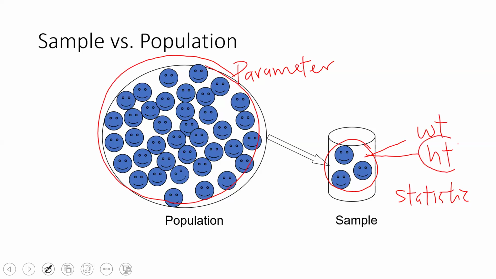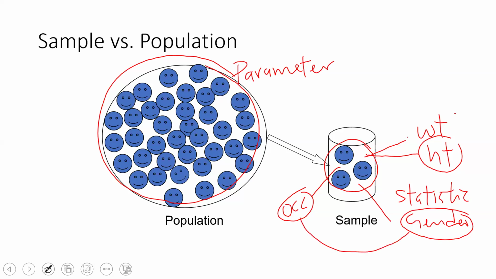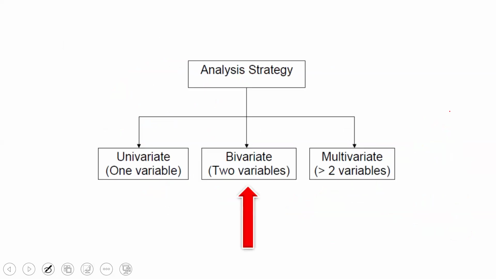Same with height, it is a measurement. But let's assume you are looking at gender in your population, and then maybe you are looking at occupation. These two are not normally distributed. So the kind of analysis you will use for these two differs from the one you will use for these two. That's all I'm trying to say. So these two, because they are not normally distributed, you will use a non-parametric analysis, while this one you will use a parametric analysis, and I will explain as we continue.